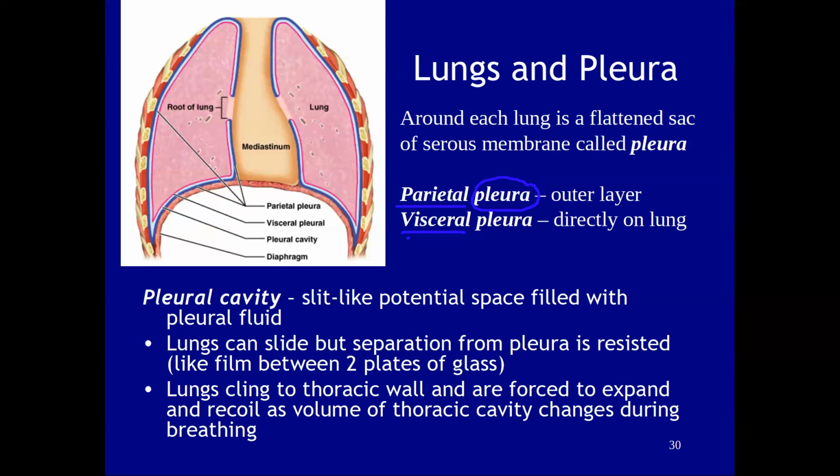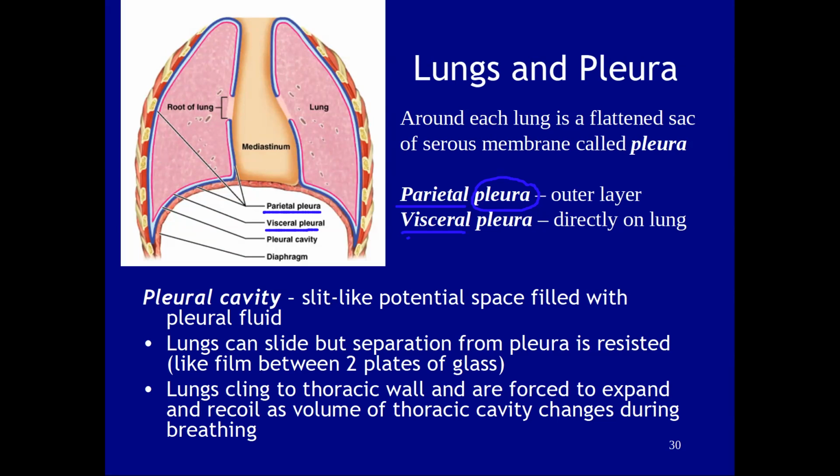And the parietal membrane lines the pleural space, the pleural cavity here. Now, in between your visceral pleura and parietal pleura, both of those membranes are going to have a little space in between them, a tiny little space that is usually filled with lubricating fluid.